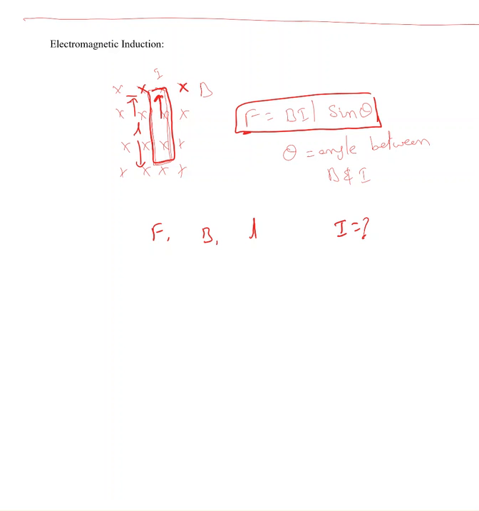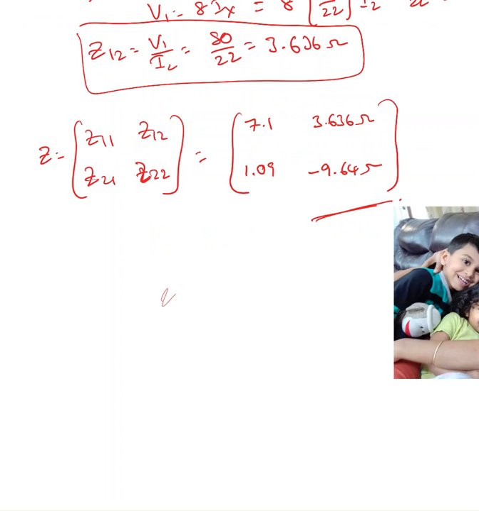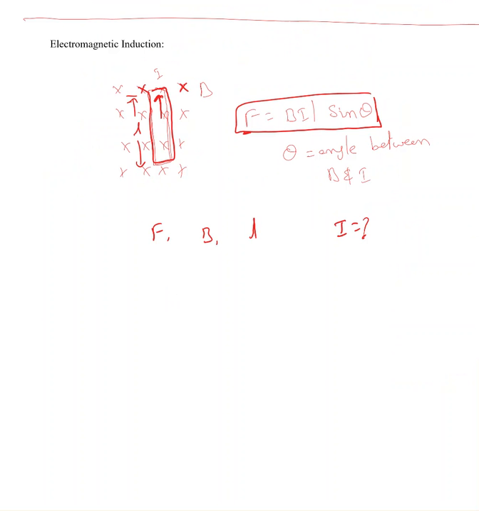All these experiments took place around the 1820s, 1830s. Around that time, American scientist Joseph Henry and English scientist Michael Faraday were doing experiments to see how we can get this current in a conductor.